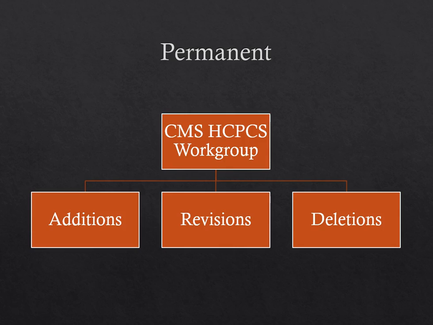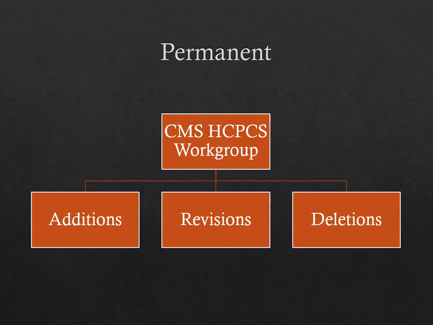Yes, you heard me. There are modifiers in the CPT code set. There are also modifiers that are in the HCPCS code set. And I'm sure you know already, but those modifiers that are in the HCPCS manual can be used with the CPT code set and vice versa.